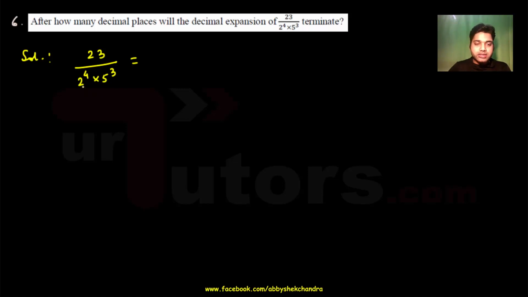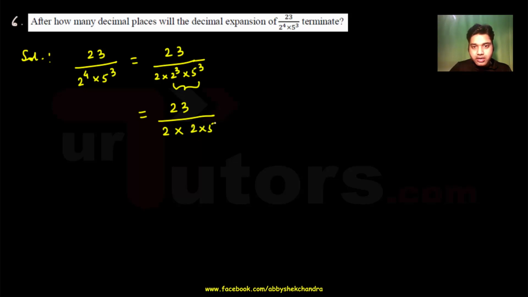Now what I am going to do is, this is 2 to the power 4, I can write it as 2 into 2 cube, and into 5 cube, that remains as it is. Equal to 23 by 2 into, can I club these two? So I'm clubbing 23 and 2 together, and here I've got 2 into 5 is 10 to the power 3.